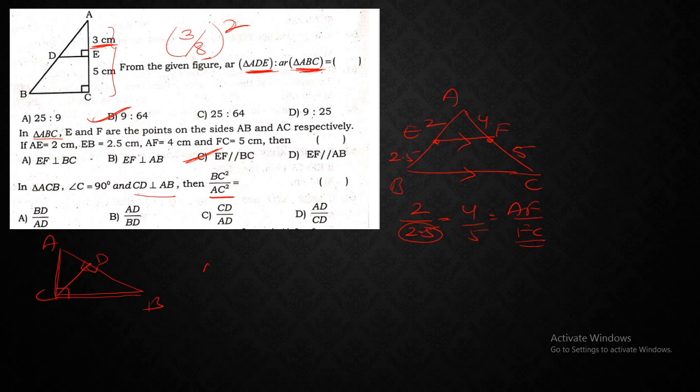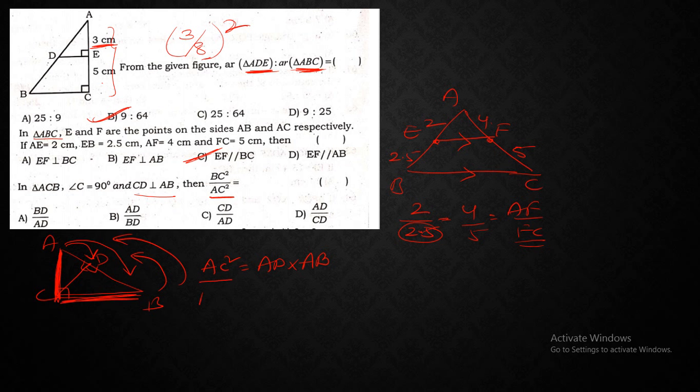So already we know the value of AC square. So by using the concept of similarity, this AC square I can write as AD into AB. So follow the order. If I want AC square, then it is nothing but AD into AB. Now if I want BC square, you need to go this way, BD into BA.